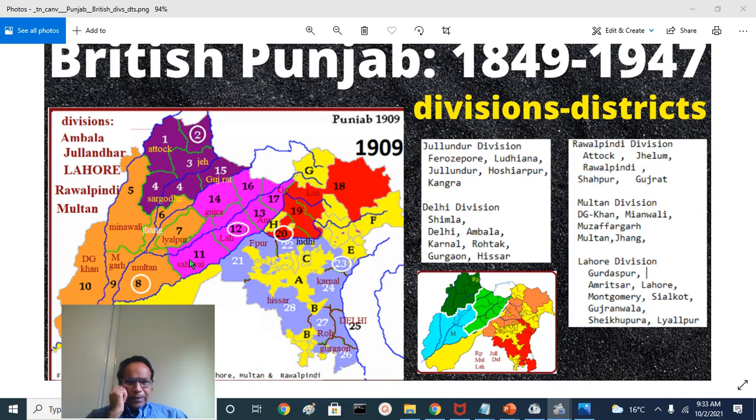He was the governor of Punjab, and after he demitted the office, Henry Montgomery was made lieutenant governor of British Punjab, and canal colonies were dug, and colonization of Punjab started. So Montgomery district. And Layalpur district is also a canal colony district.